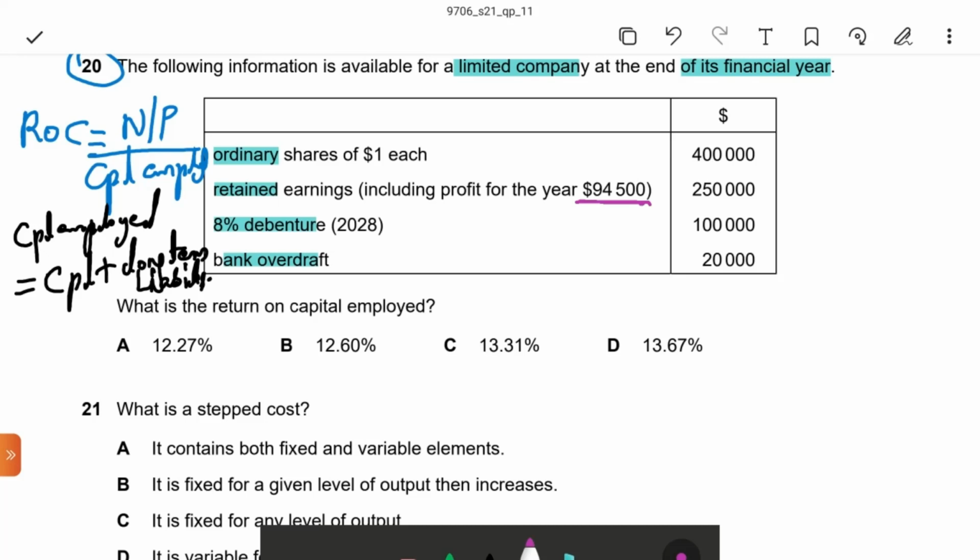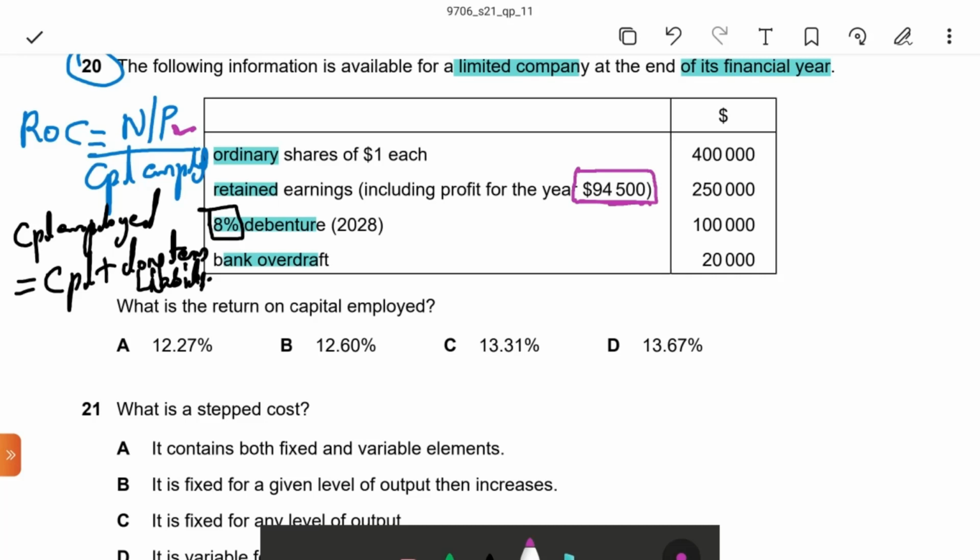But when we calculate return on capital employed, you should take net profit before interest and tax, so you have to add back any interest and tax given. In this question, there is an 8% debenture. 8% debenture means we pay the debenture interest and deduct it from the profit. So this profit is after deducting the interest. So what is our actual profit?